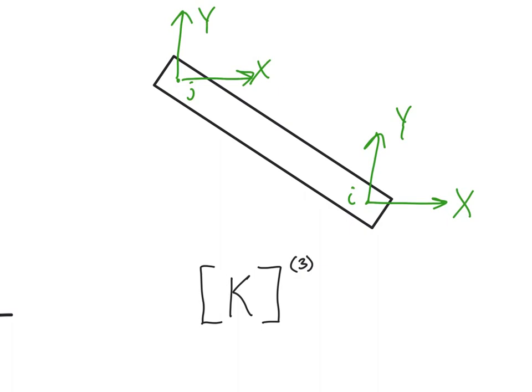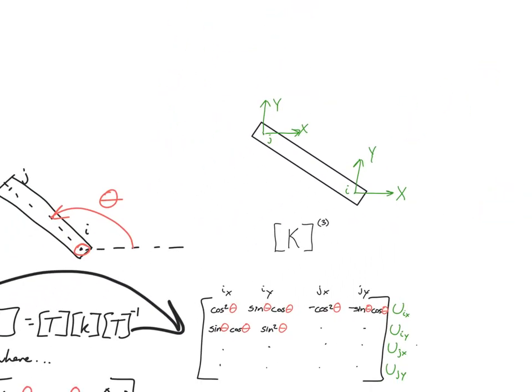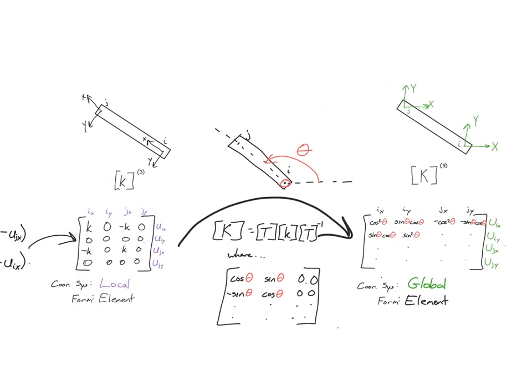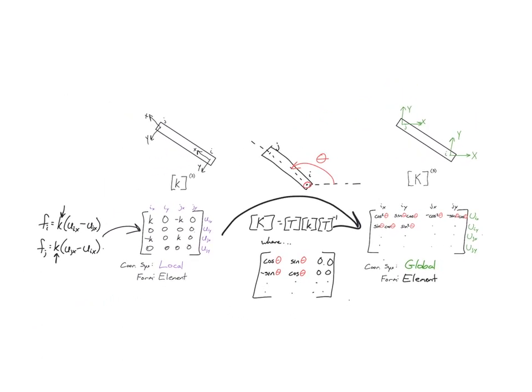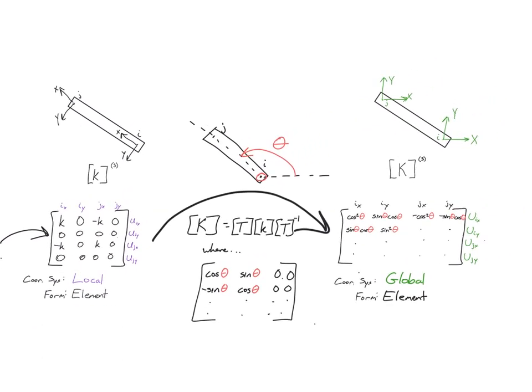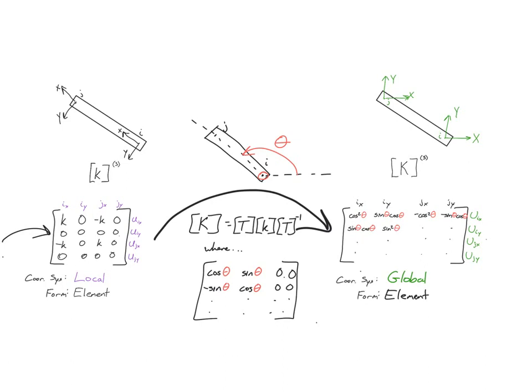All right, so zooming out here, let's look at our overall work so far. Let's zoom in here, so there we go. All right, so we have our local stiffness matrix and our global stiffness matrix, both in element form.